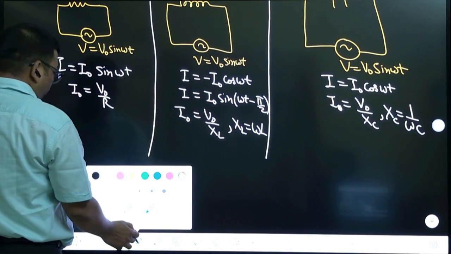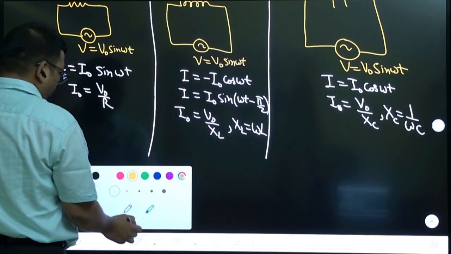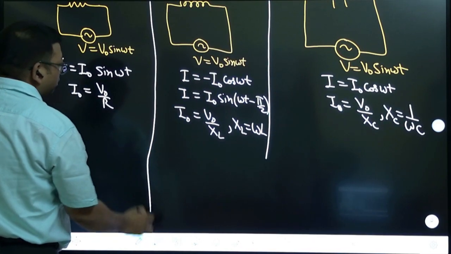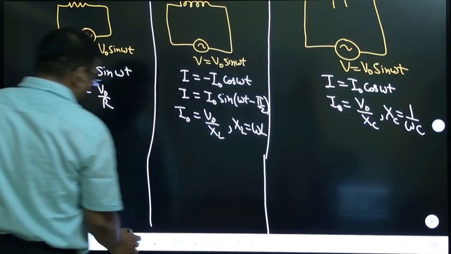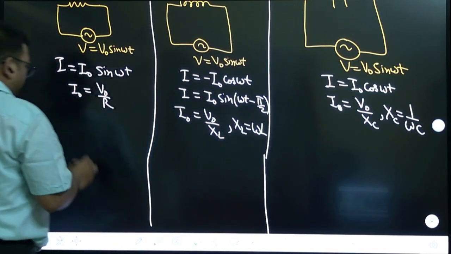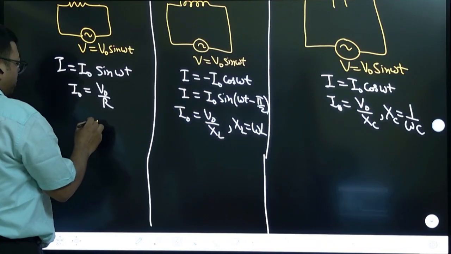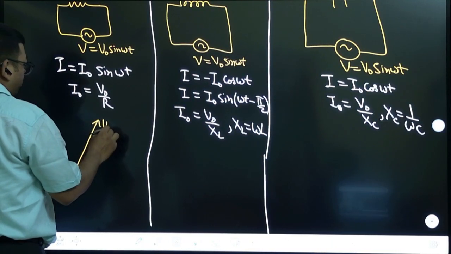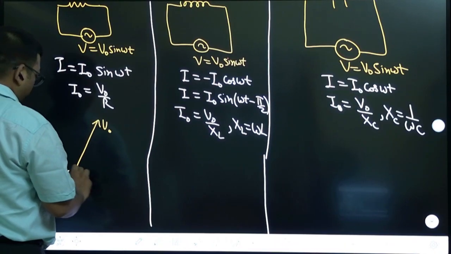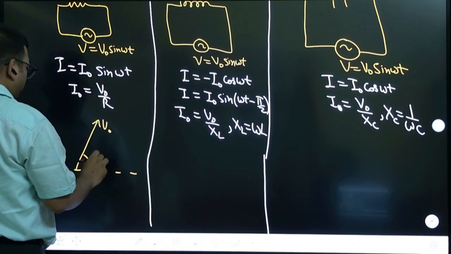If you see the phasor diagram in all the three circuits, suppose this is voltage V naught, the horizontal line, making angle omega t.